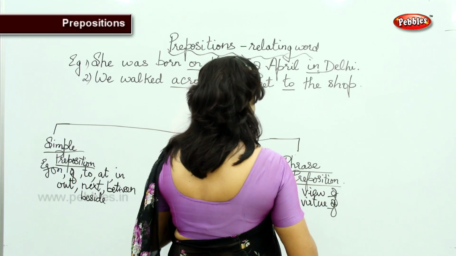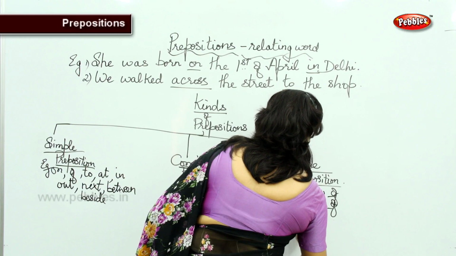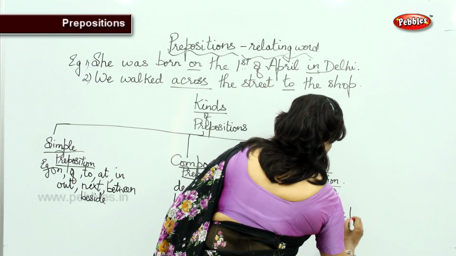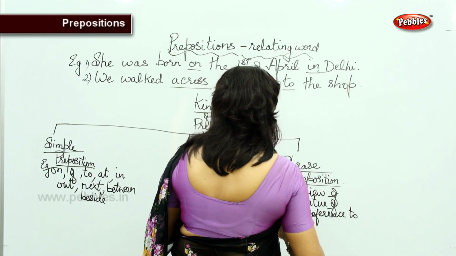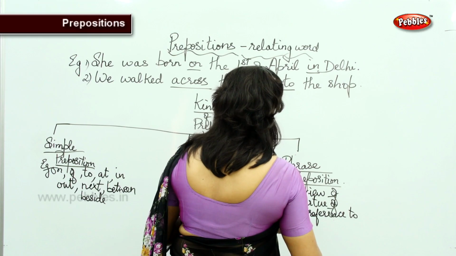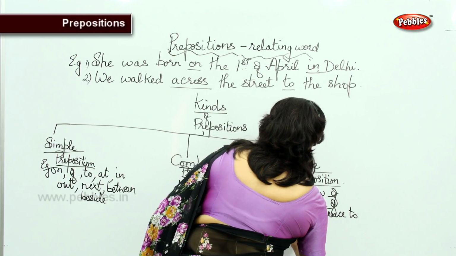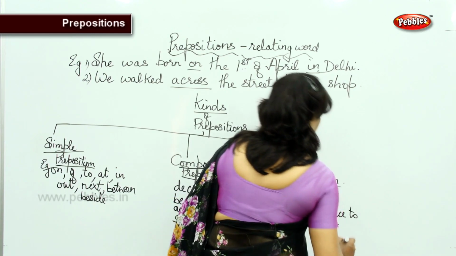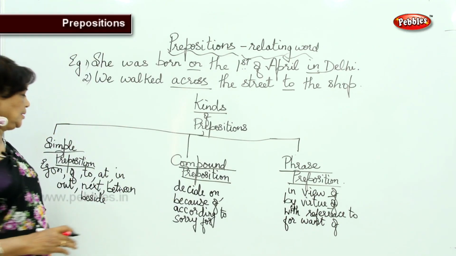Okay, next one, with reference to. Next one, for want of. So, these are the three different kinds of preposition.